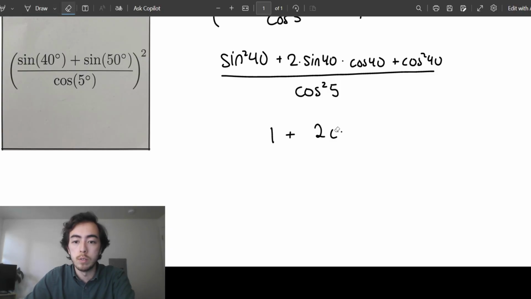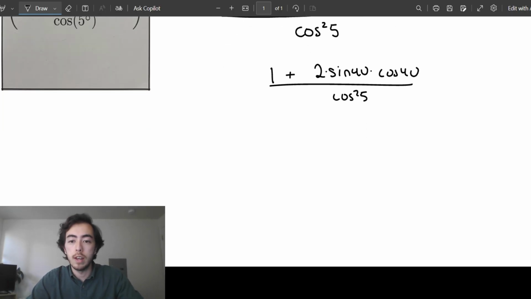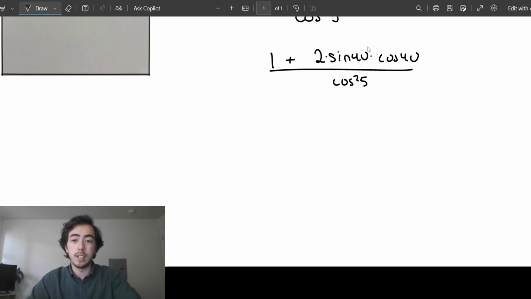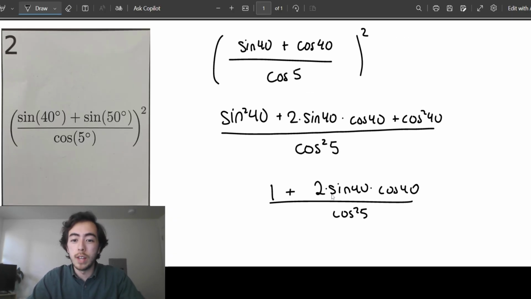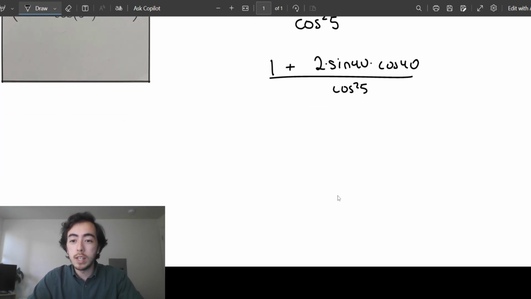So, let's do 2 sine 40 first, just to match what's already going on in that numerator. And I only want to change one thing at a time. Okay. And it simplified a little bit because now I have 2 angles that match. I only have one thing being squared, not many.